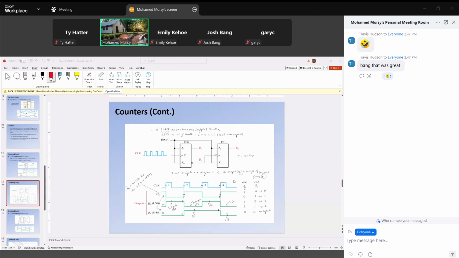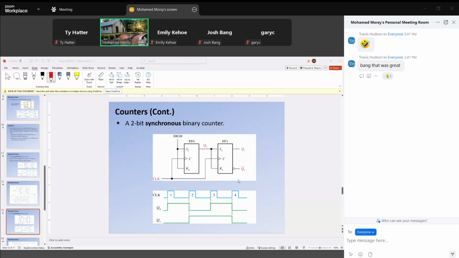I will go back to this, but let us see the difference with synchronous. You see the synchronous here? What happens? CLK is applied simultaneously at each flip-flop. Whether we have 2, 3, or 4, CLK is applied as the clock input for all flip-flops simultaneously.